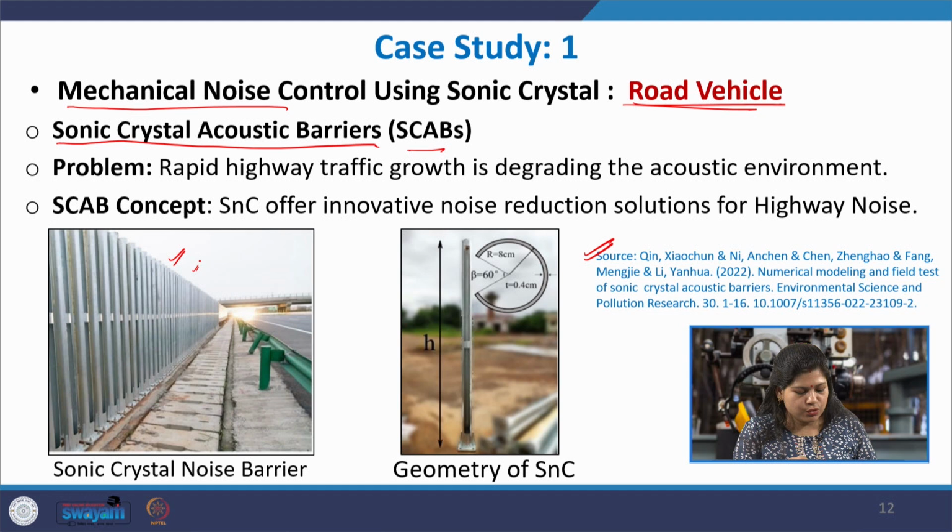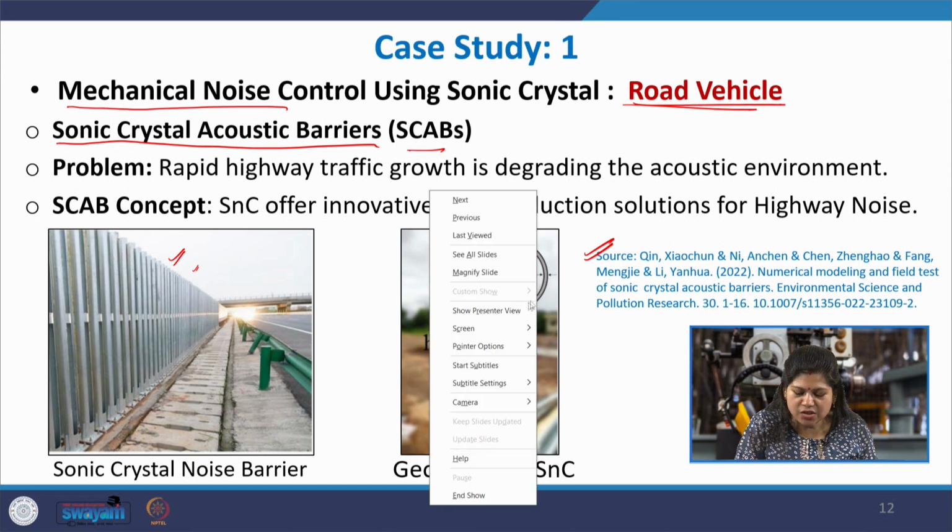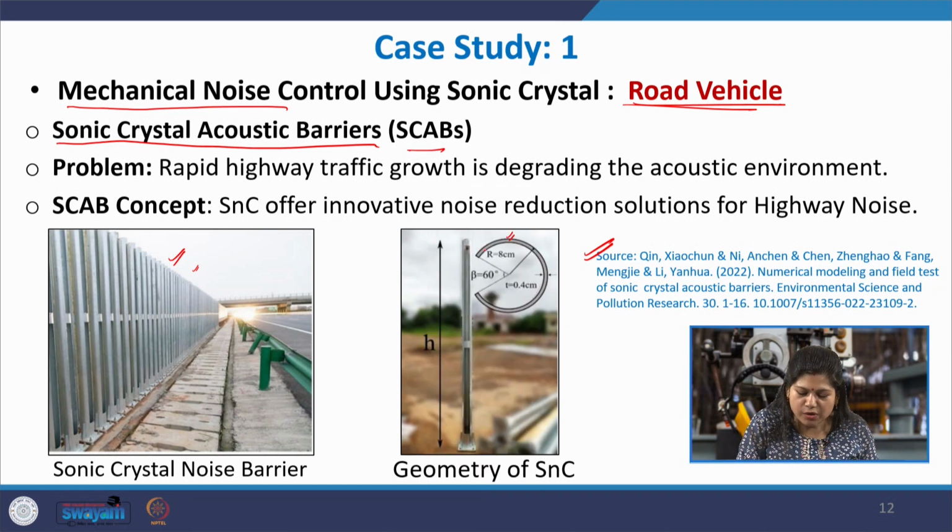This shows each of these resonating elements, a collection of cylinders. The cylinders were hollow C-shaped cylinders, and this shows the dimensions of the cross section of each cylinder placed to make the sonic crystal.